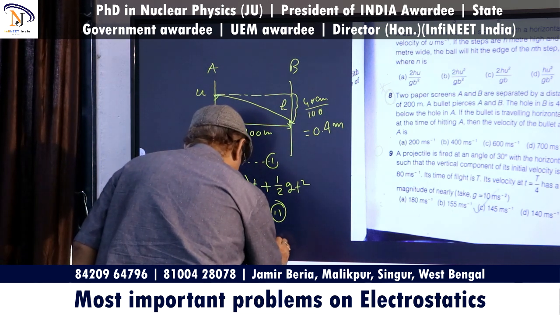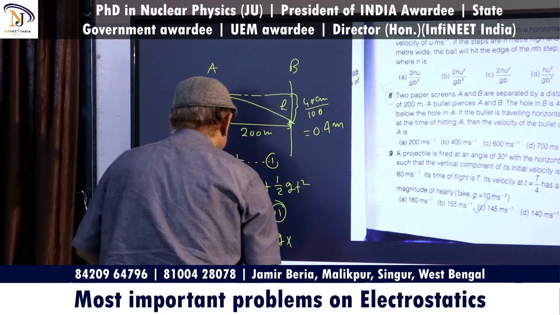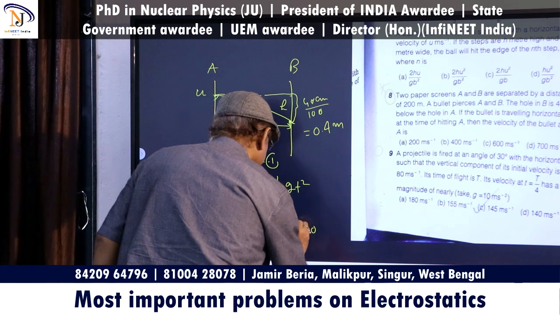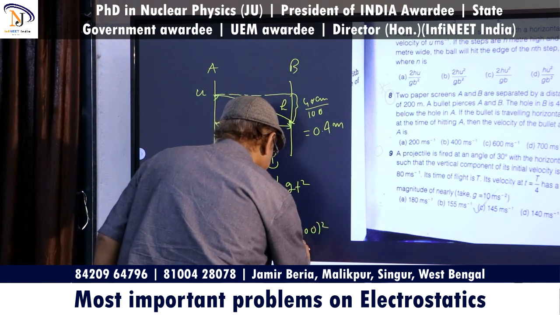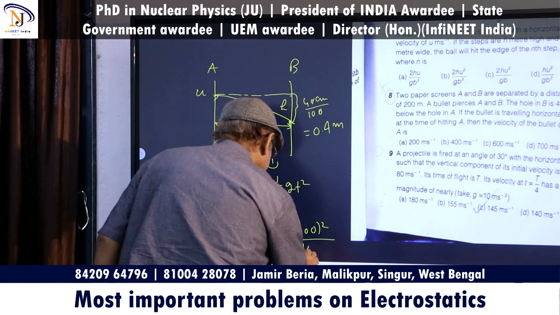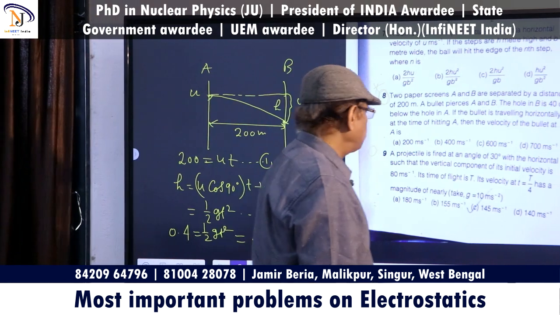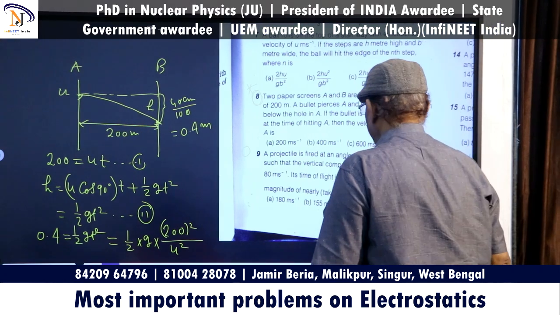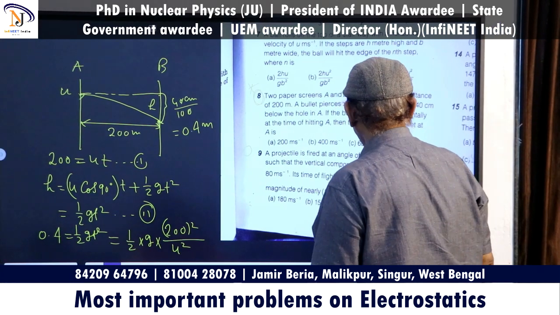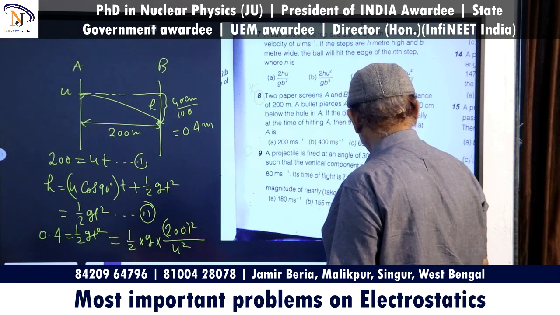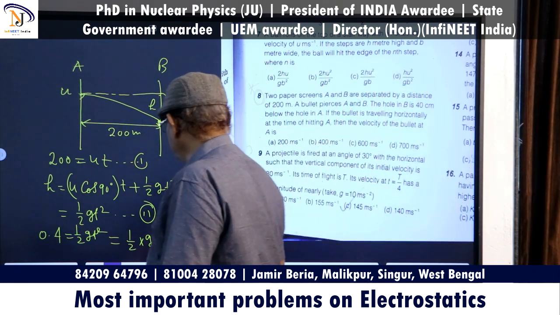Half into G into T square, where T means 200 by U, so T square is 200 square by U square.